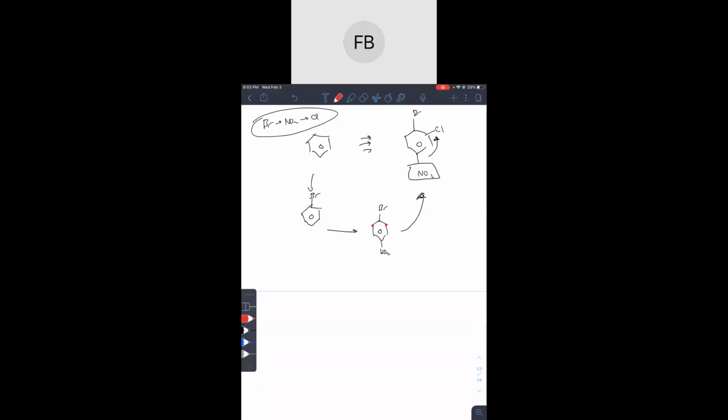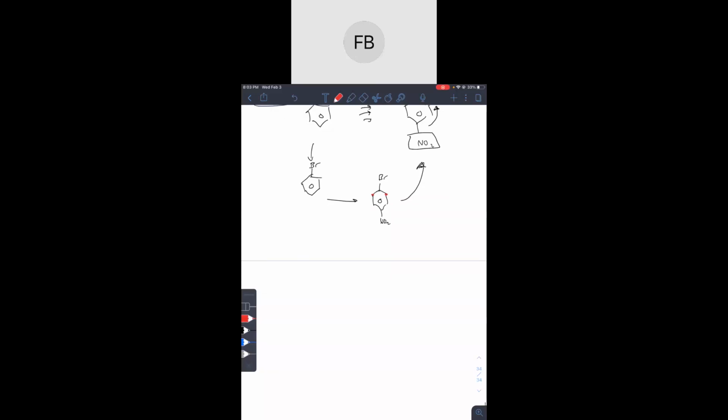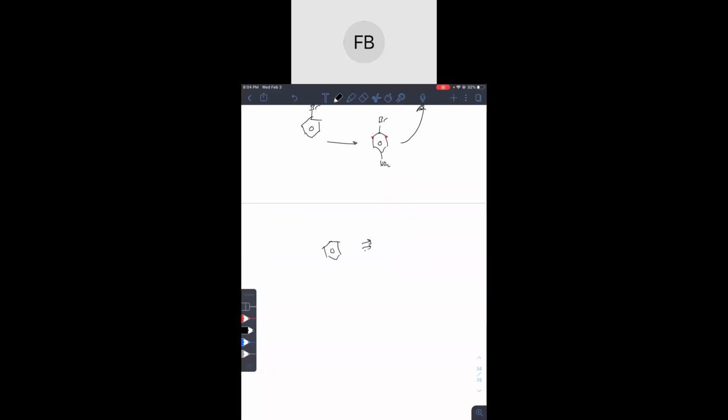All right. Someone asked, can I explain why you can't do NO2 first? I can't do NO2 first because if I was to do NO2 first, it's just very, very deactivating.